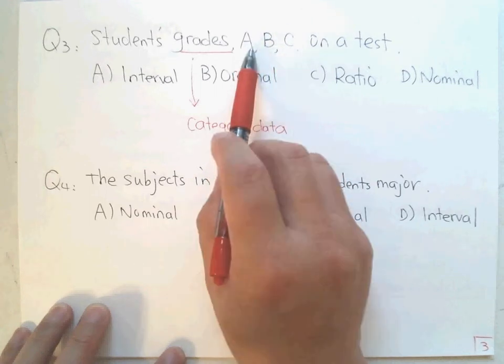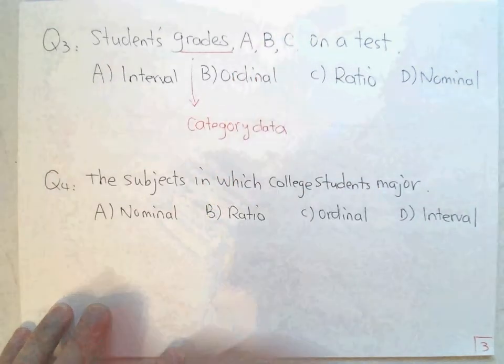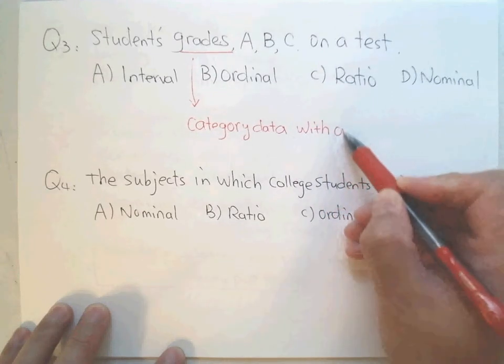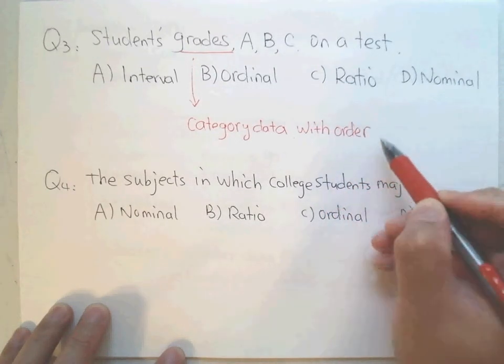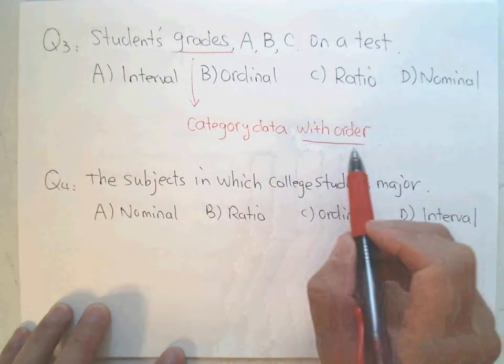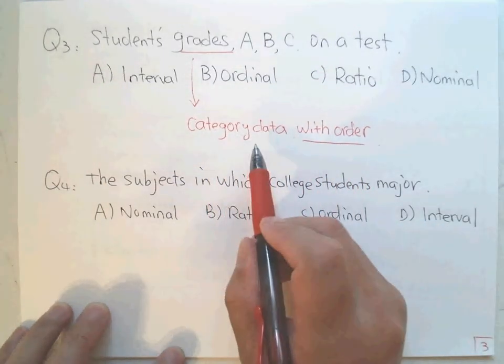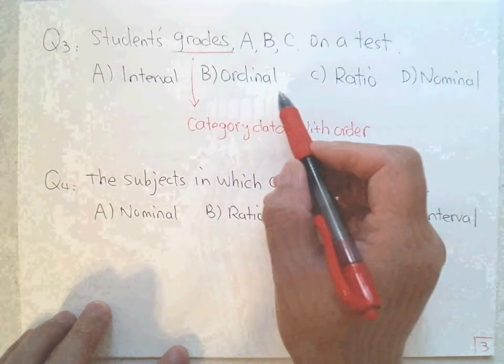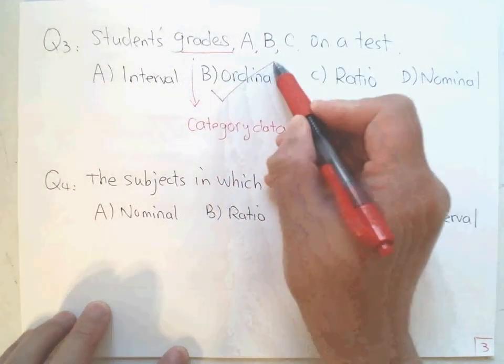Yes, the normal order is A, B, C. A is higher than B, and B is higher than C, so this exactly has an order. Category data that we can order is ordinal.